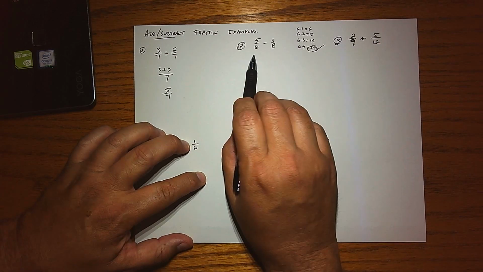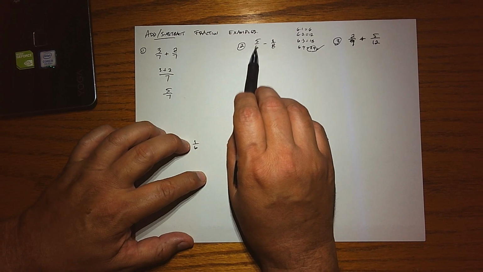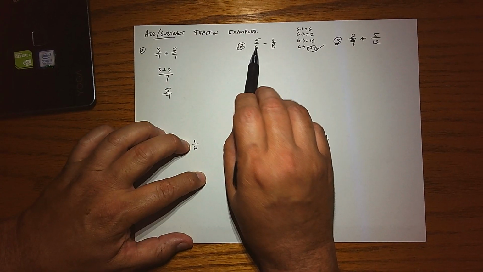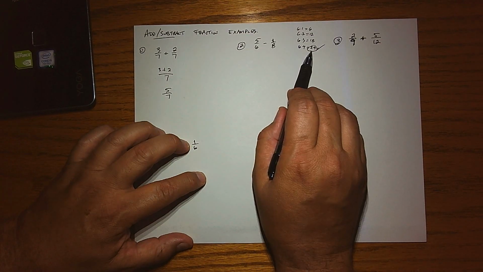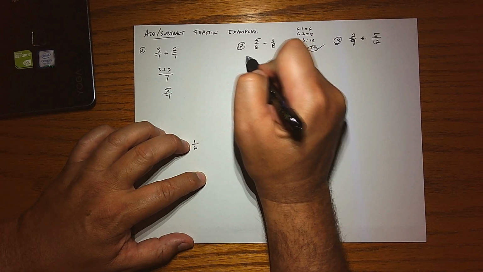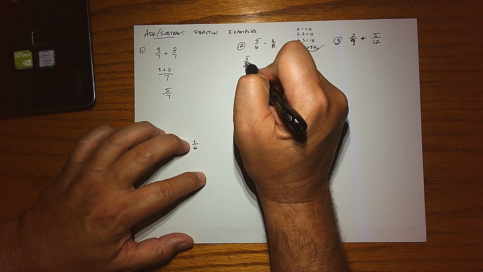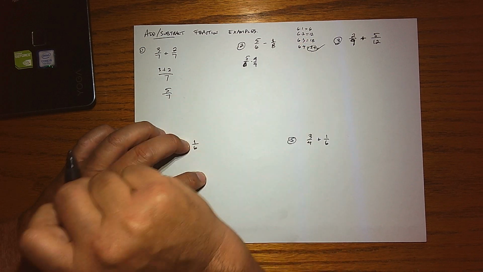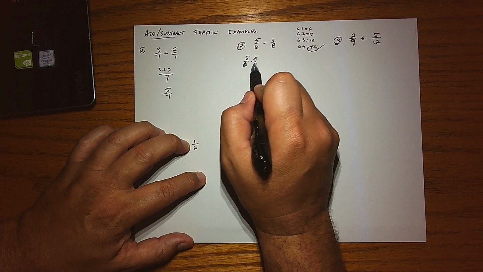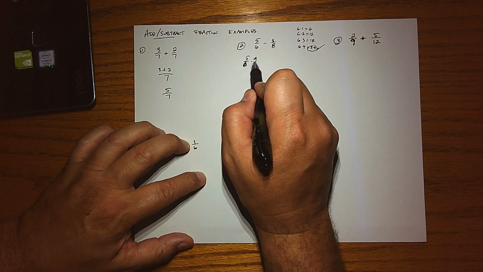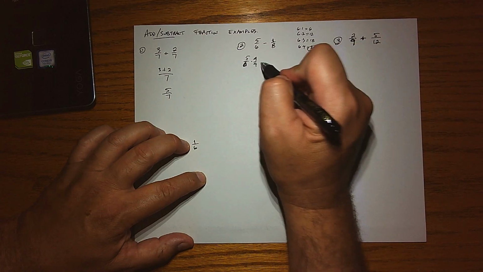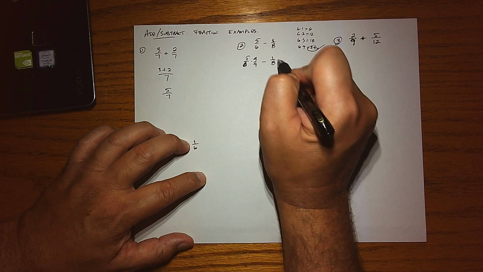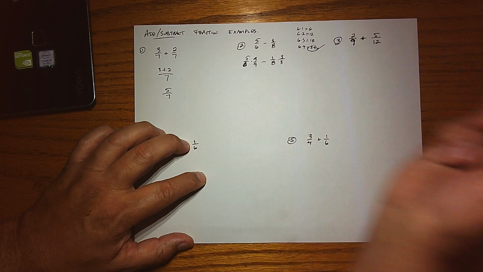Now I have to build equivalent fractions. So 5/6, what does that fraction look like equivalently with a 24 at the bottom? To do that, we'll multiply by 4 over 4. 6 times 4 is 24. To get my 1, because we're going to multiply by 1, I have to do 4 over 4. For 1/8, we need to multiply by 3 over 3.